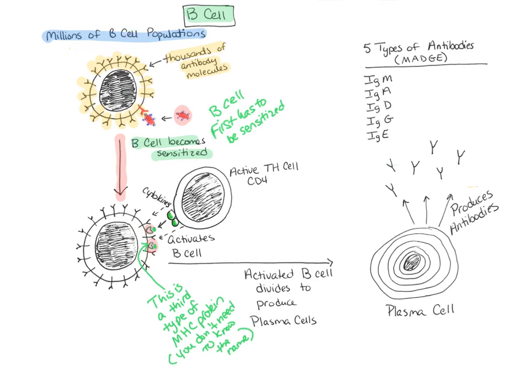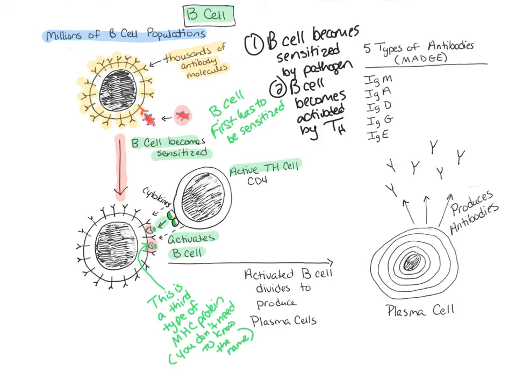And when that activated helper T cell comes along, it will be able to activate that B cell. So, short story, the B cell becomes sensitized by the pathogen, and then it becomes activated by the helper T cell. Two steps. One, the B cell becomes sensitized by the pathogen or antigen. And two, the B cell becomes activated by the CD4 helper T cell.